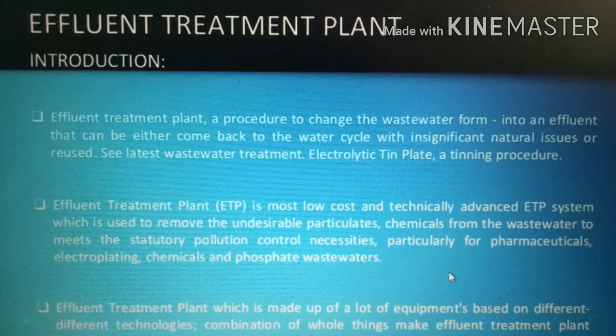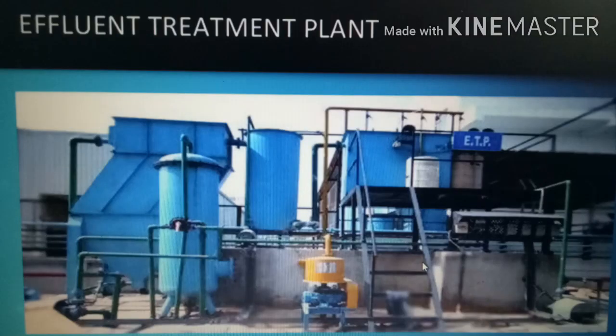ETP is the most low cost and technically advanced system, used to remove undesirable particulates and chemicals from the wastewater to meet statutory pollution control necessities, particularly for pharmaceuticals, electroplating chemicals and phosphate wastewaters. An effluent treatment plant is made up of a lot of equipment based on different technologies, and a combination of all these things makes the effluent treatment plant system.